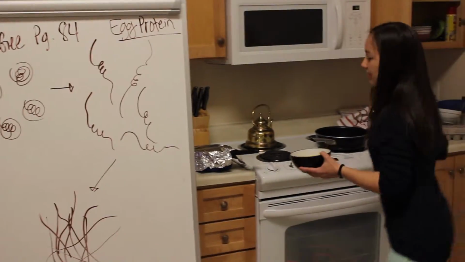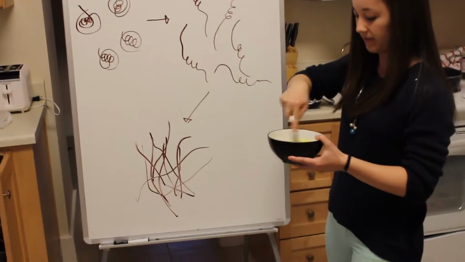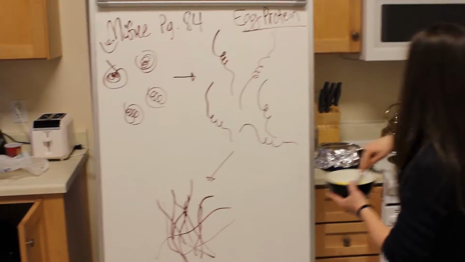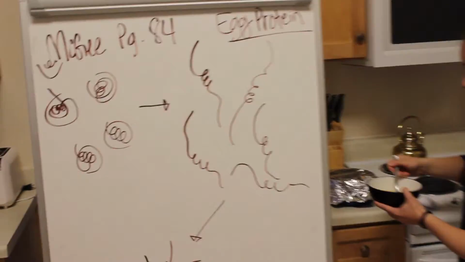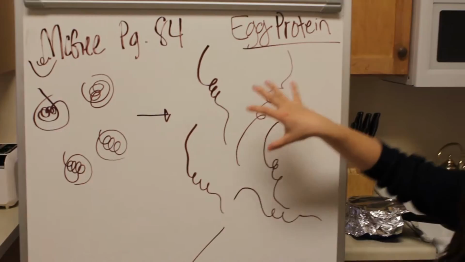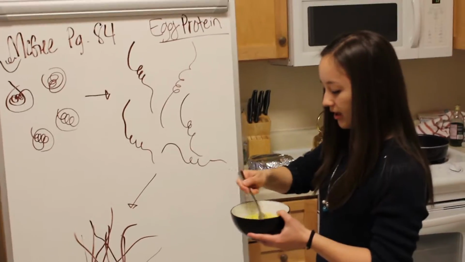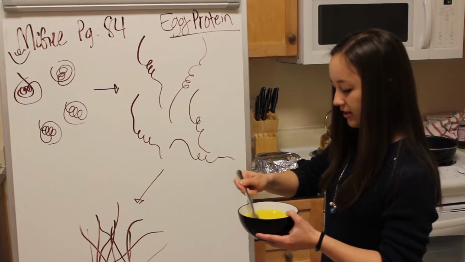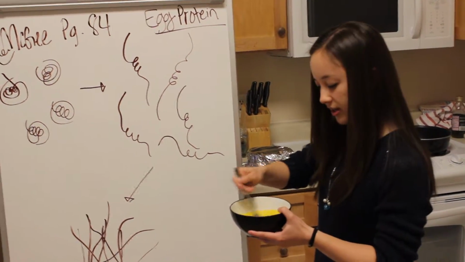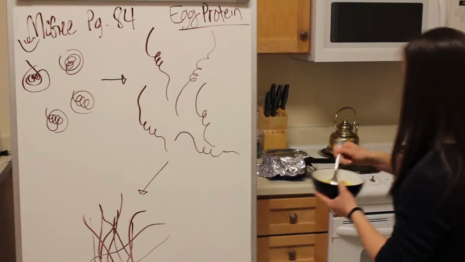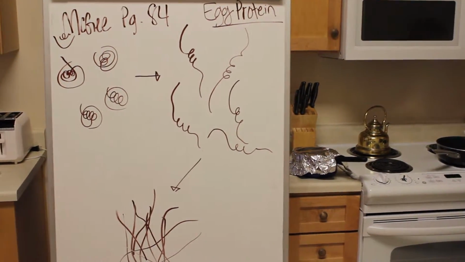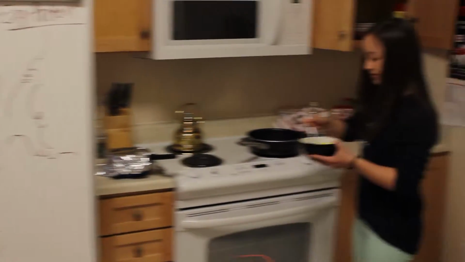But as I mix the eggs up, and even if you heat it, the protein structure becomes more linear because we're breaking those bonds holding it in place. And the protein structure in eggs is really what makes it solid and adds color to it. So I'm going to turn it on.